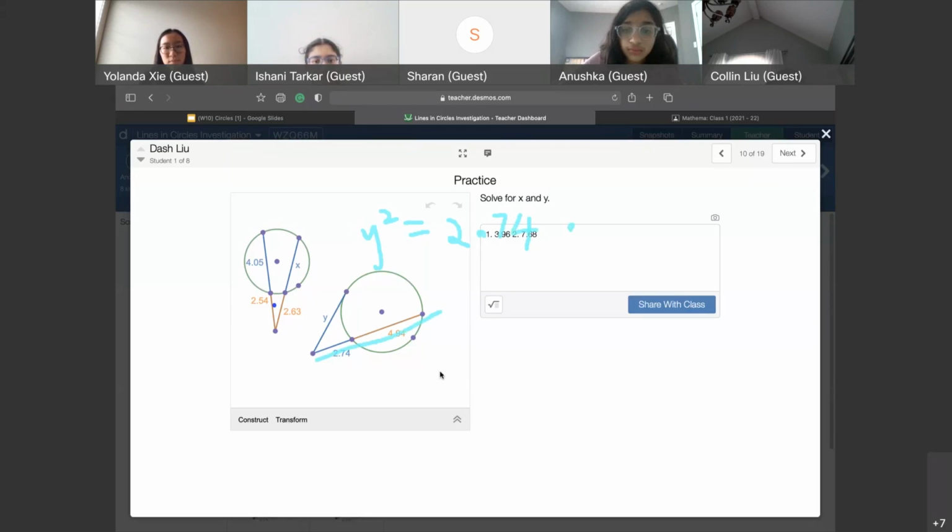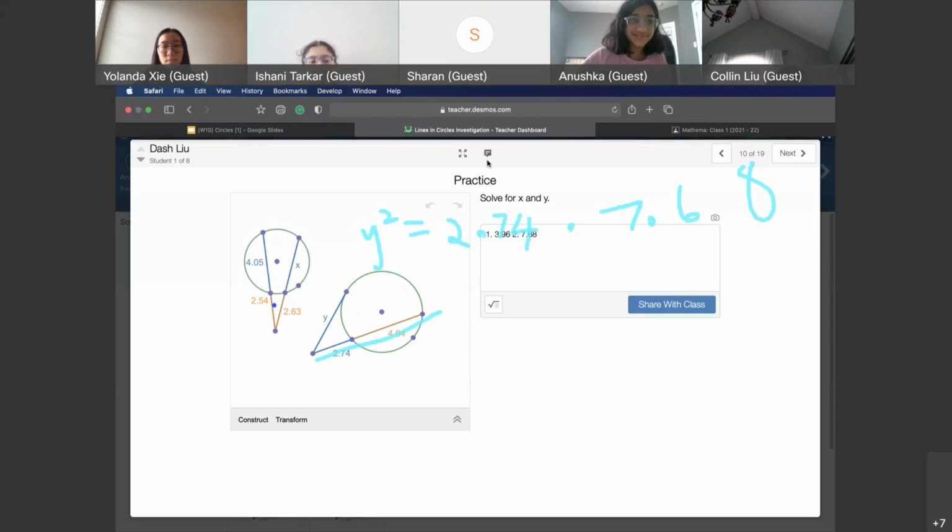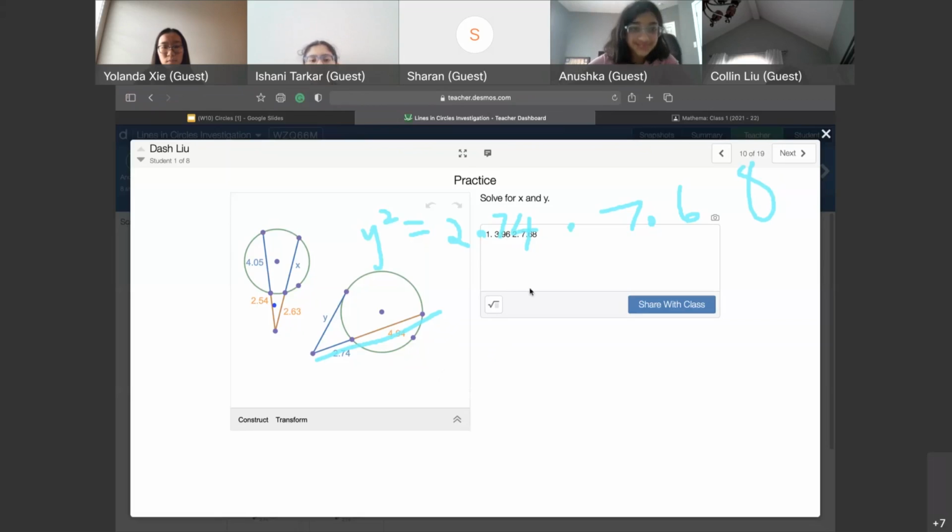So 2.74 times 7.68, you should see that this is around 14, 15-ish. It's going to be slightly higher, right? So your answer should not be very huge, right?